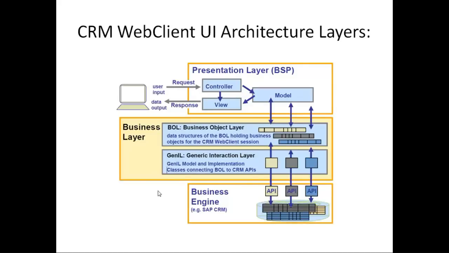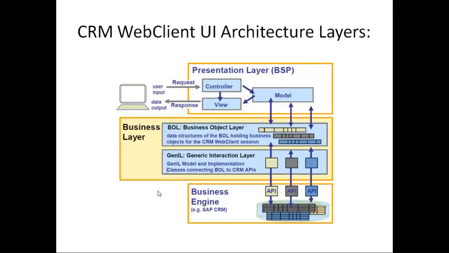request will be received by the controller, and the controller will communicate with the model, where the model is the one which holds the data at runtime. That is, the model will interact with underlying layers, pass the data or fetch the data from them. It will communicate with the business layer and keep the data ready for display.